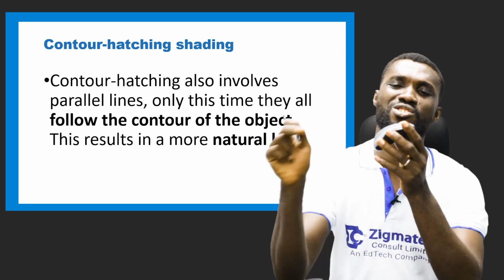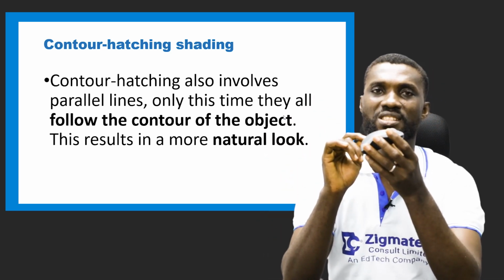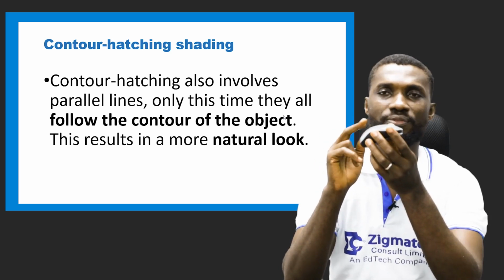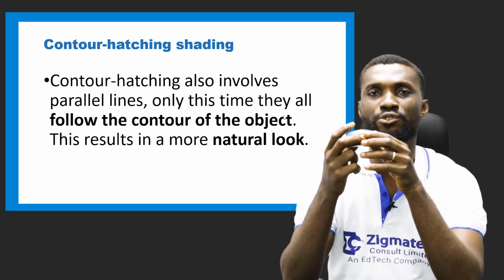So you don't just shade flat. No, you follow the contour. You understand the contour and you follow it, because if you shade flat, you automatically produce a flat image and it will not give that feel of chiaroscuro.